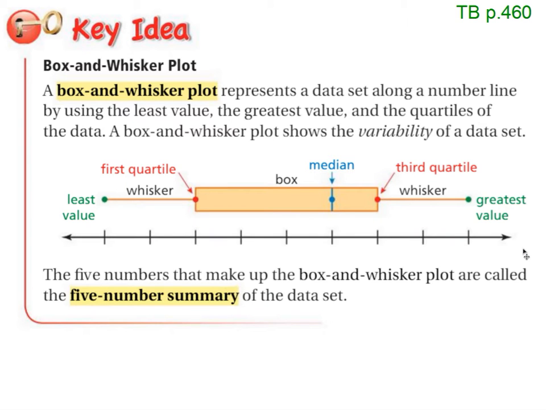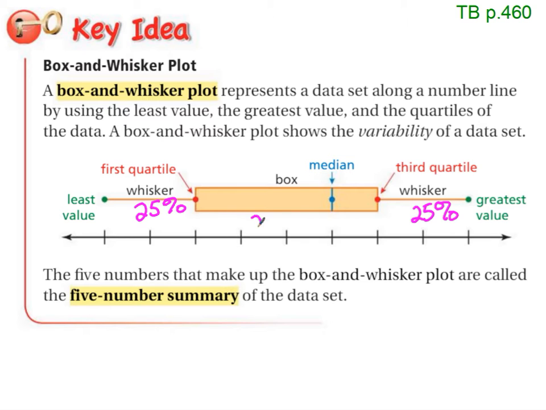And here is what your box and whisker plot is going to look like. Now, essentially what this graph does is take our data and divide it up into 4 equal portions. So each whisker is going to contain 25% of the data. And these would be the first 25% and the last 25%.